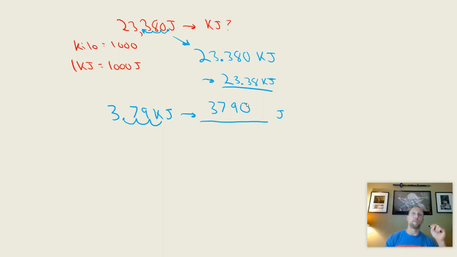If you're going from bigger to smaller units, move 3 decimal places in the direction that makes the value bigger because there's going to be more units. It's like saying how many feet is it from here to the wall. If it's 10 feet to the wall behind the camera and I wanted to say how many inches that is, an inch is a much smaller unit than a foot, so there's going to be more inches from here to the wall.